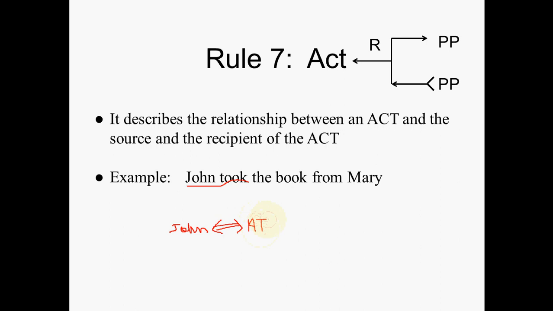Right. So John took. Now, A trans is the action, taking. Rule number 6 that we had seen earlier was describing the relationship between an action and the object which is involved in the action.